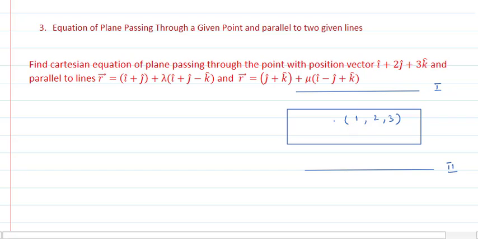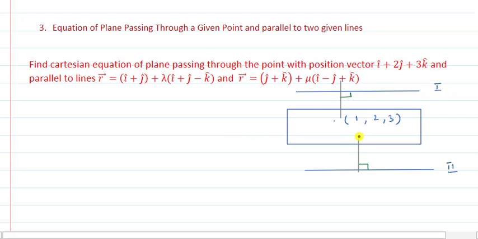So let me draw the normal to this plane. So you will find that the normal will be of this type, perpendicular to the plane, you know very well. And similarly, if I draw a normal to this plane, you are again getting one thing you should observe over here, that these normals are perpendicular to the lines as well.